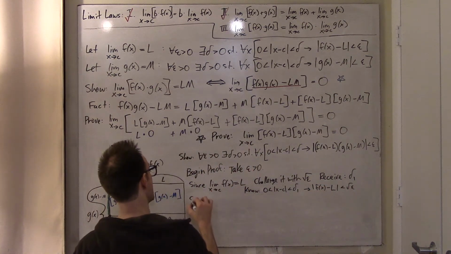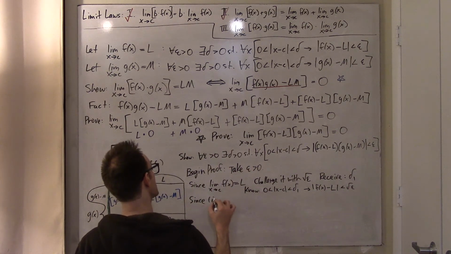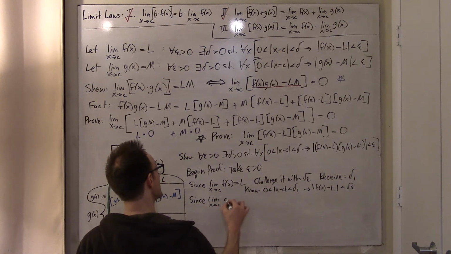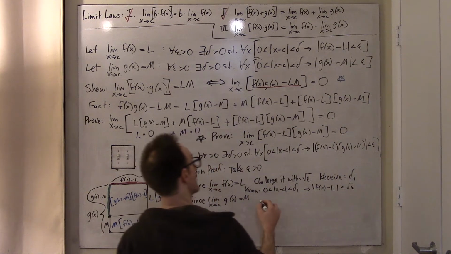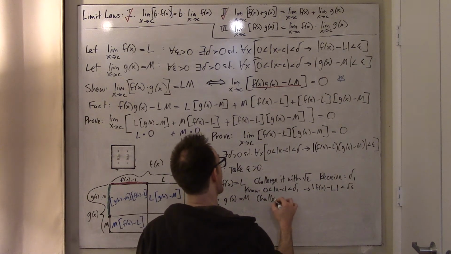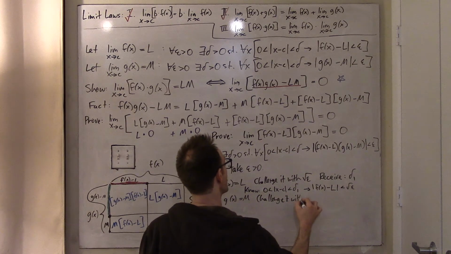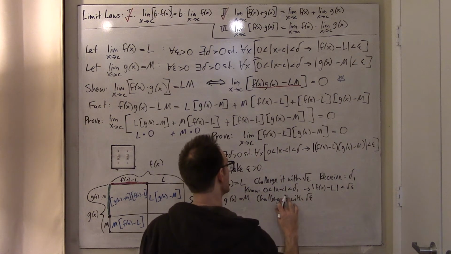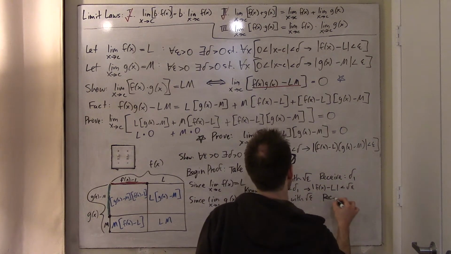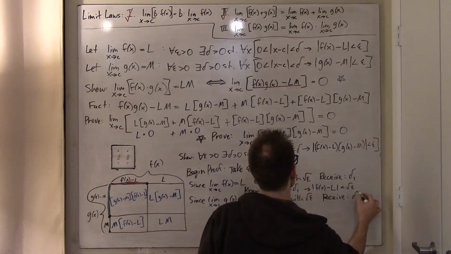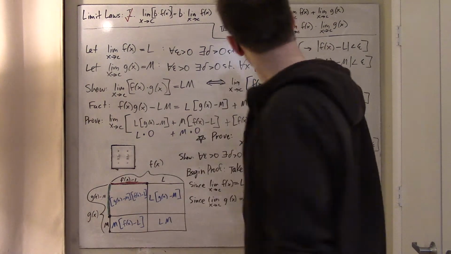And then again, since the limit as x approaches c of g is m, I'm going to challenge it with the square root of epsilon again. And I will receive a different number, delta 2. What is delta 2?